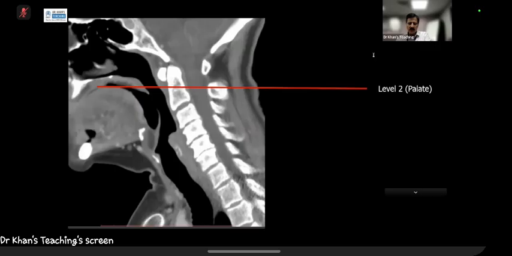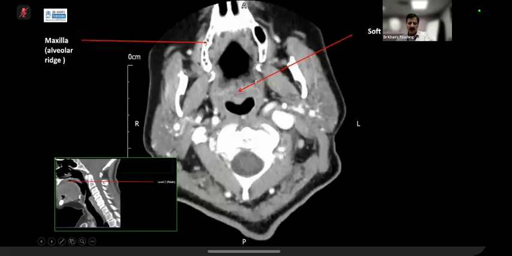This is the next level, which is level 2. Here, it all depends where the slice is going through, but you should not get confused. Because this is tongue, you can imagine that the soft palate is dangling like this. So part of it, the slice will go through soft tissue. Anteriorly, there will be a bit of air, and then there will be the hard palate, and it gives you this confusing appearance.